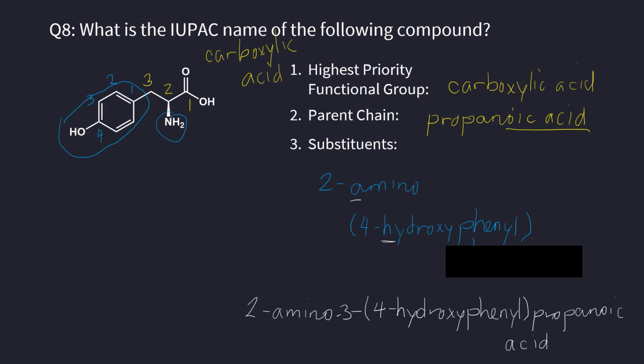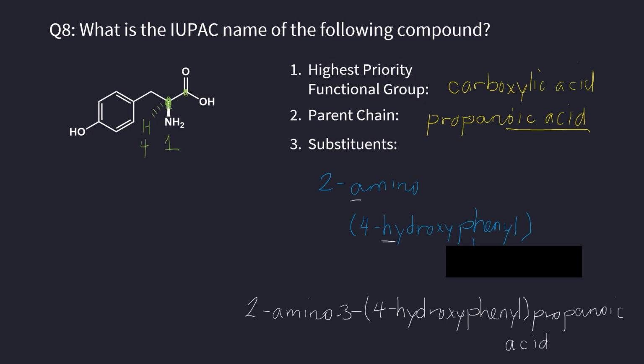Next, we have to identify the chirality at carbon 2. Let's assign the priorities at this carbon. This nitrogen atom takes precedence over the carbon atoms, so it gets a 1 priority. We have a hydrogen waiting at the back, which has a 4 priority. We have a carbon versus this carbon.